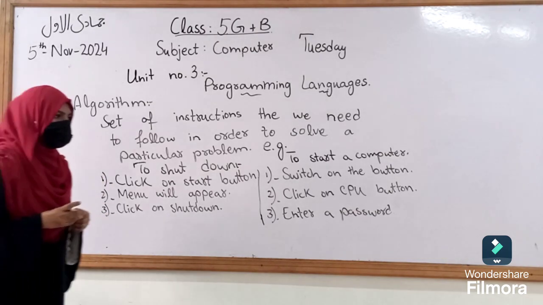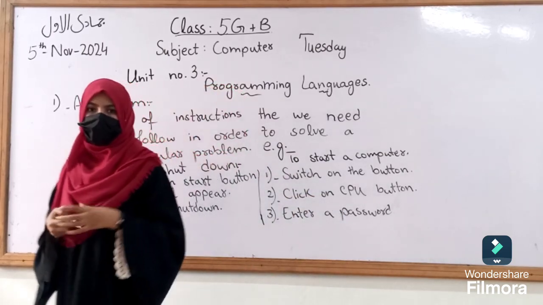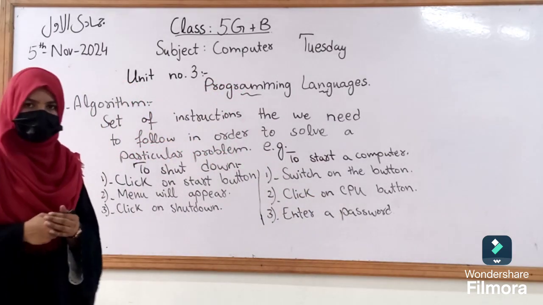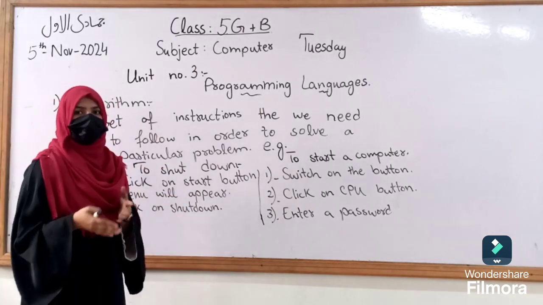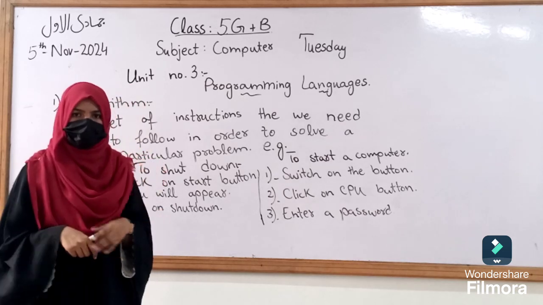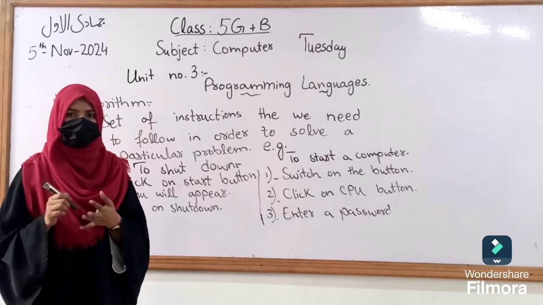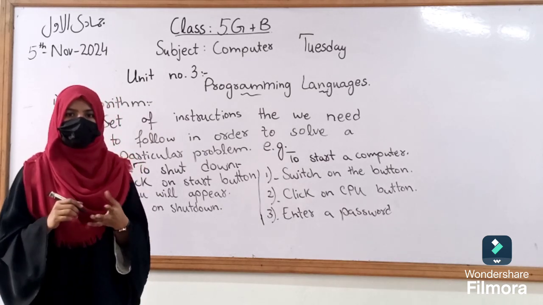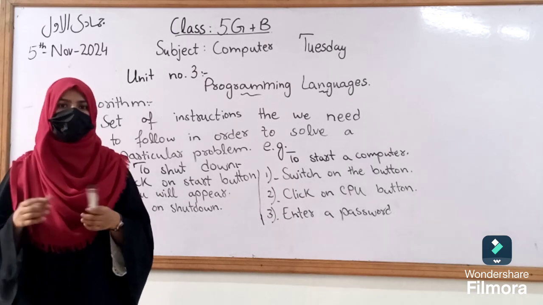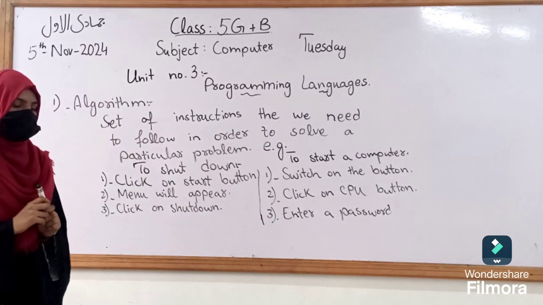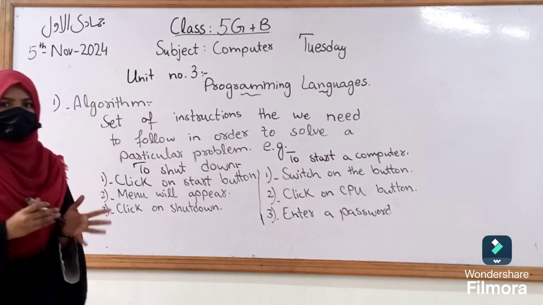ठीक है. So similarly, if you want to make a cake, ठीक है, the recipe for a cake can also be an example of algorithm. You need to take a bowl, then put eggs inside the bowl. Then you need to put the baking powder and cocoa powder, and blend that powder. Then you need to put it in the microwave, and then the cake will be baked. So these are the steps, the recipe for a cake.